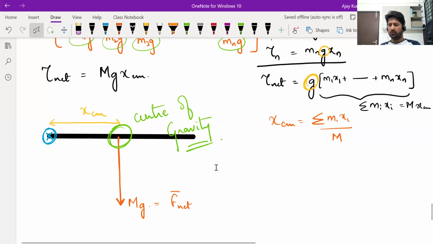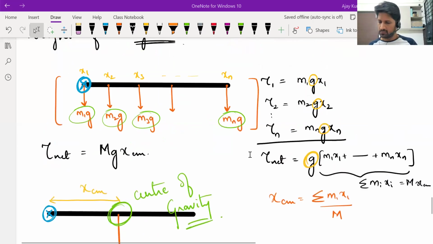But for now, for the small systems that we are going to consider, like rod, block, disk, sphere, and all, center of mass and center of gravity will be the same. So remember this point: if G is non-uniform, meaning if acceleration due to gravity varies from point to point, center of gravity need not be the same as center of mass. But if G is uniform, then they are the same.